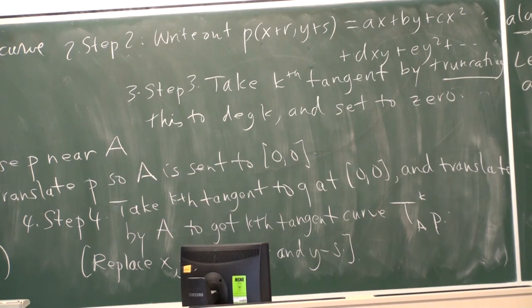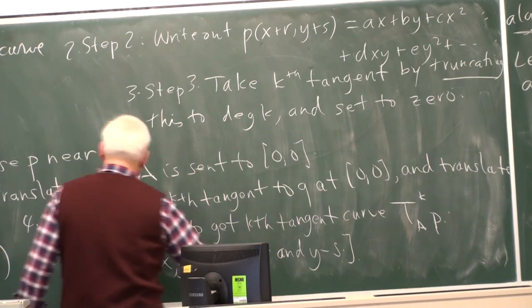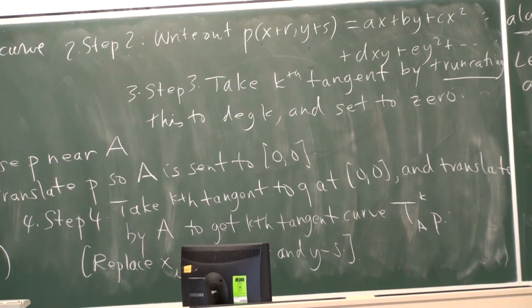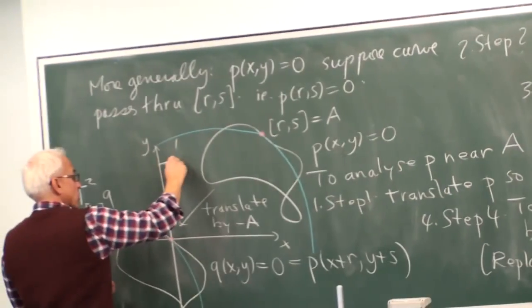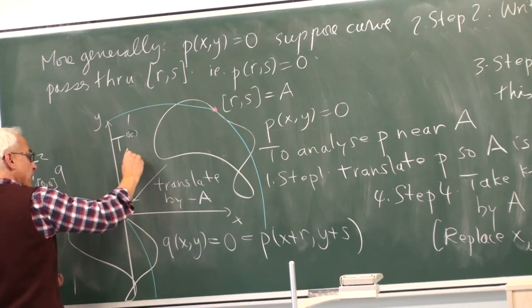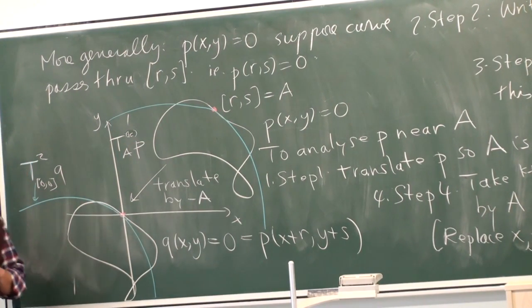And then what you will end up with is the tangent conic, or whatever tangent curve you're interested in, to the original curve at the original point. So finally here we get the kth tangent, in this case the second one, but in general the kth tangent, at the point A of the original curve.